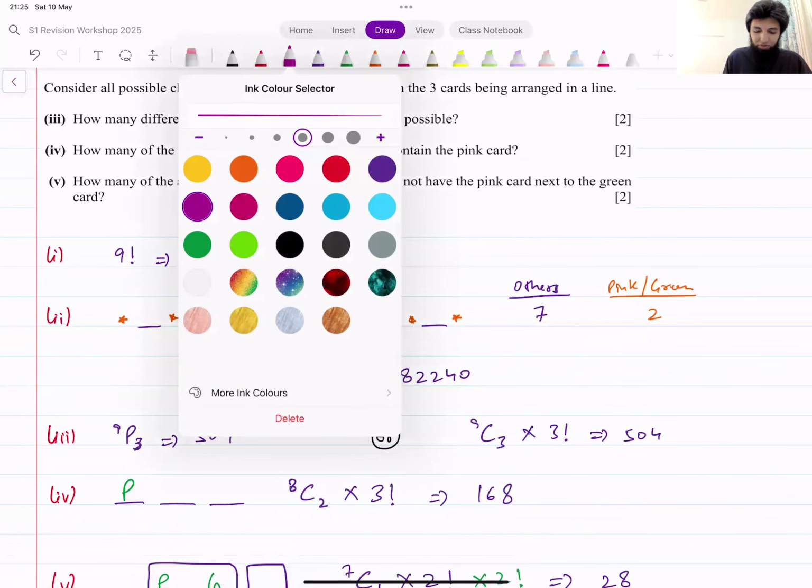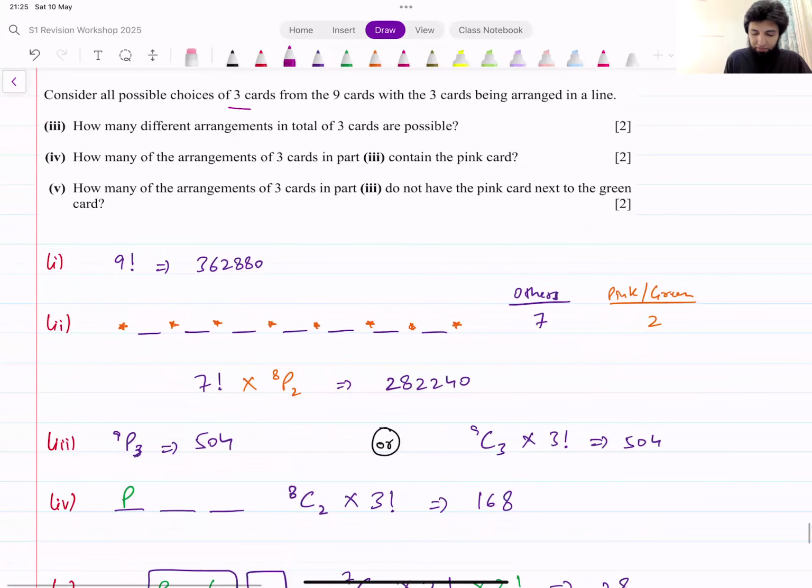Consider all possible choices of 3 cards from the 9 cards, with 3 cards being arranged in a line. What does that mean? All possible choices of 3 cards from the 9 cards. So from the 9 cards, we have to select 3 cards. Okay. And now those 3 cards are to be arranged in line.